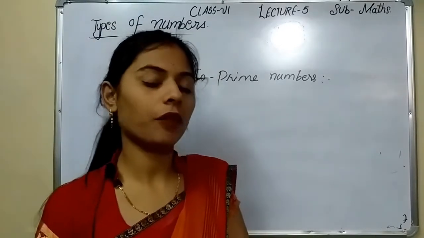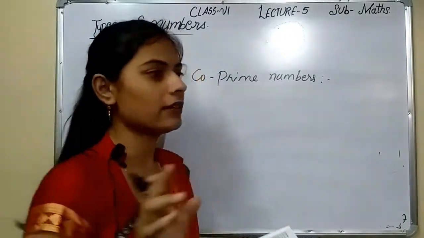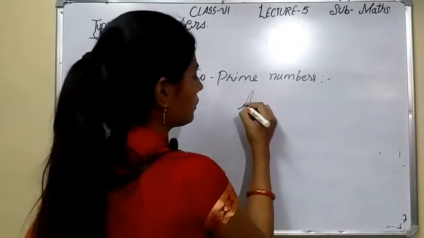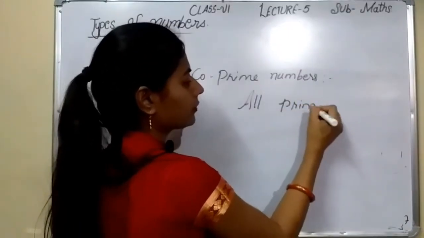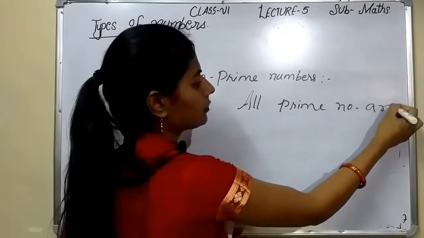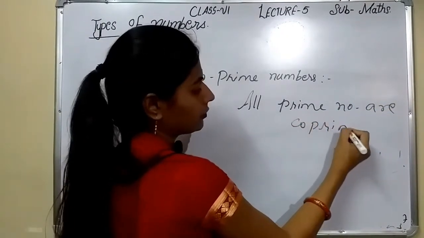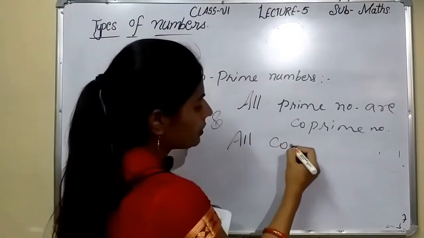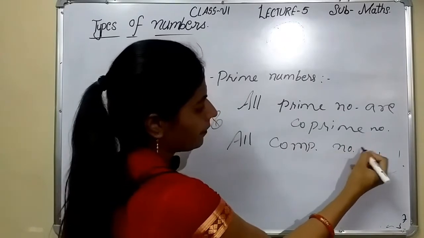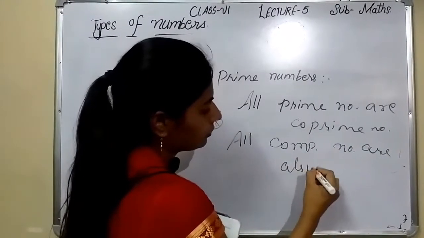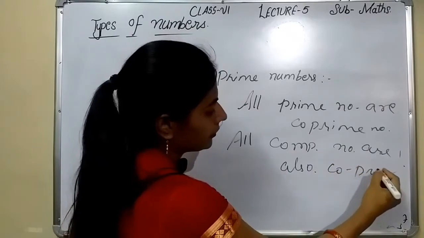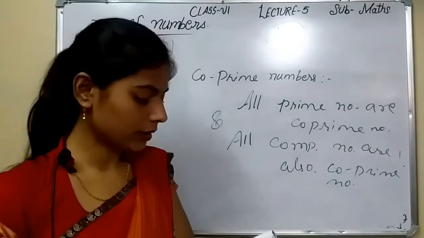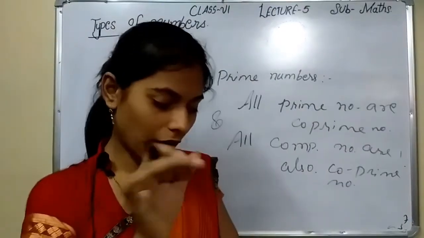In this, you have to just remember: all prime numbers are co-prime numbers, and all composite numbers are also co-prime numbers. Okay, no need to learn anything more than this. See, now examples are given here that you have to do yourself.